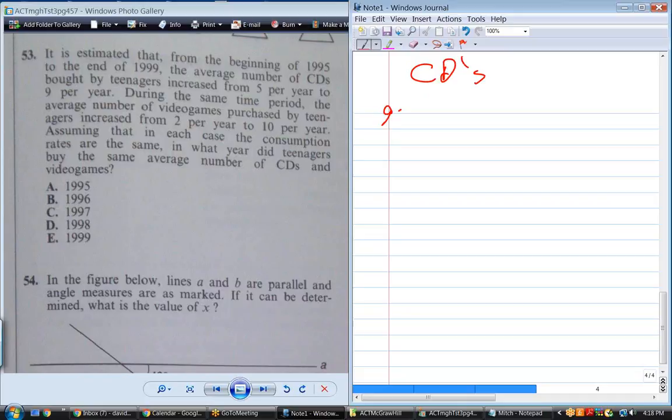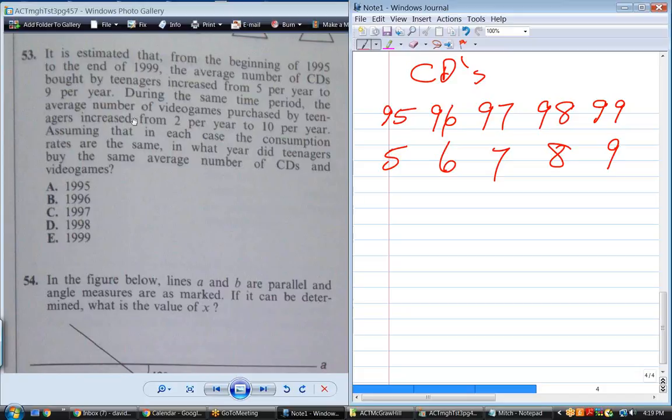So in 95 it was 5, in 99 it was 9. Okay, so we know that information. And I'm assuming that it increases linearly, so that in 97 it was 7, in 96 it was 6, and in 98 it was 8. So that's what's happened to CDs over that 5-year period.